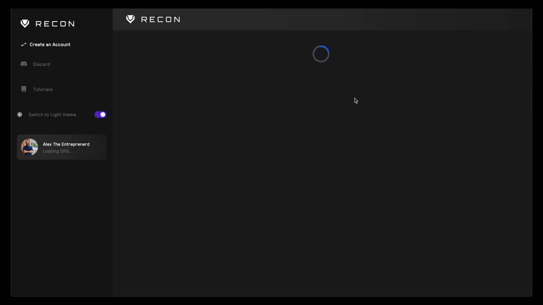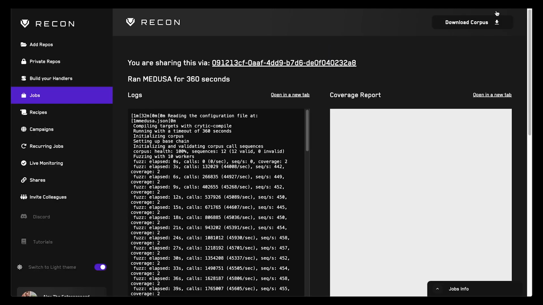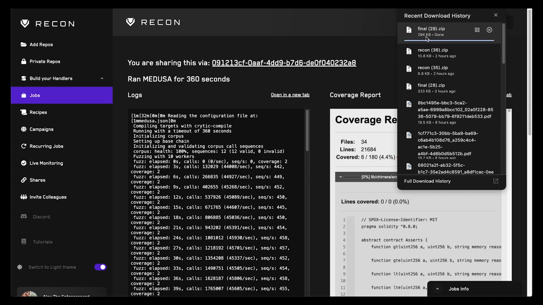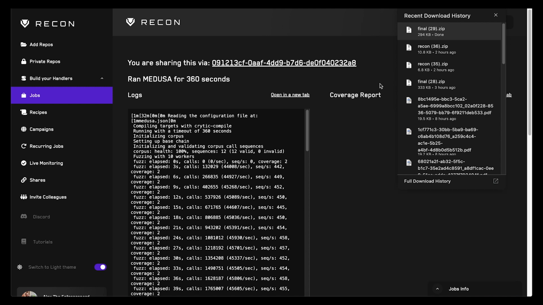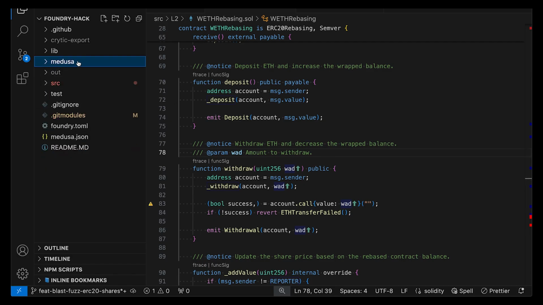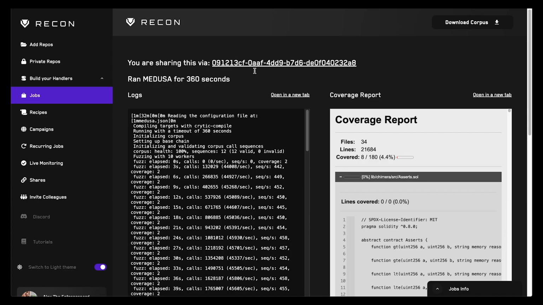Basically, you run the job, and once the job is run, you just download the corpus, which means downloading the entire folder, which contains the coverage report as well as the sequences, and you just replace the Medusa folder with it. So that's how you reuse a corpus that you got from the internet. The same thing applies if they hosted it on AWS or on GitHub or something like that.